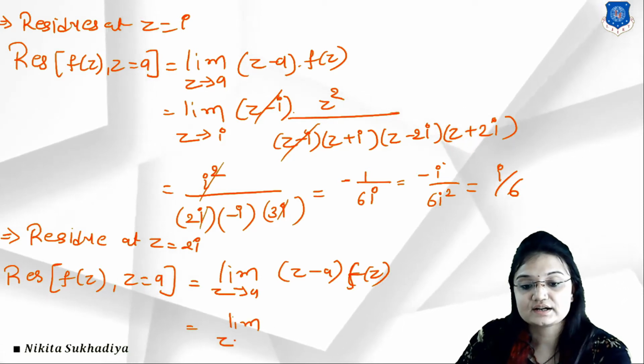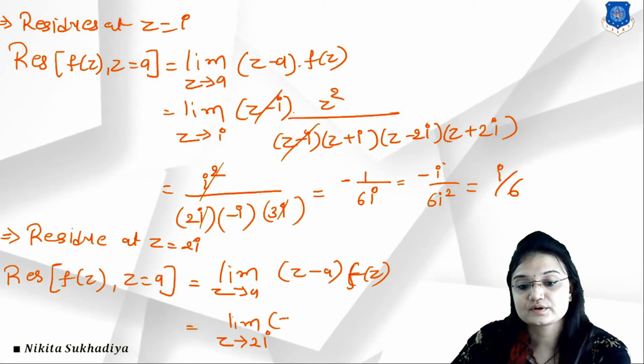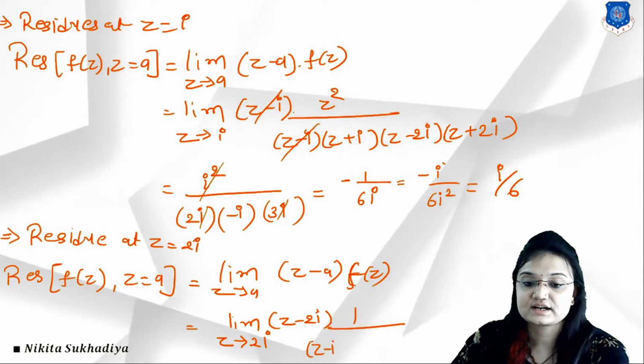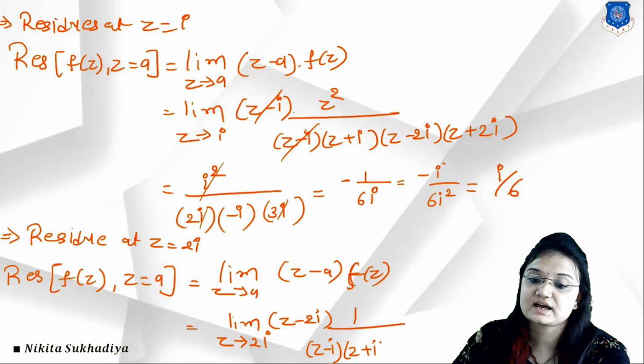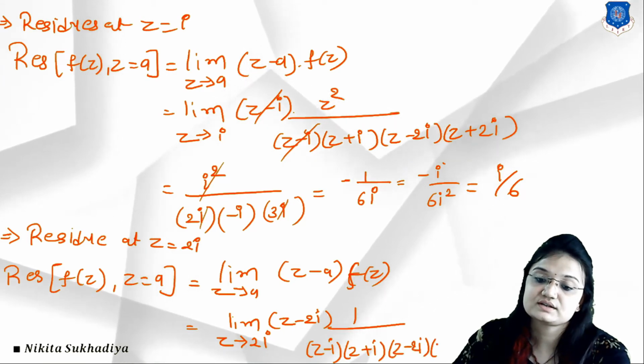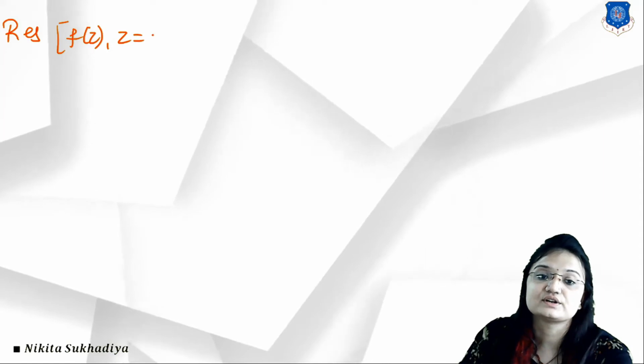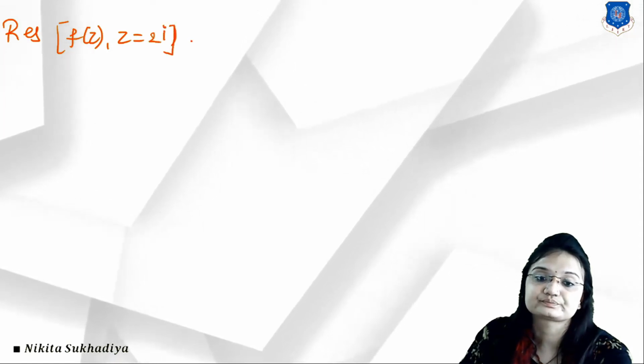Set point z is equal to 2i. So this will become z minus 2i upon function that is z minus i, z plus i, z minus 2i, z plus 2i.